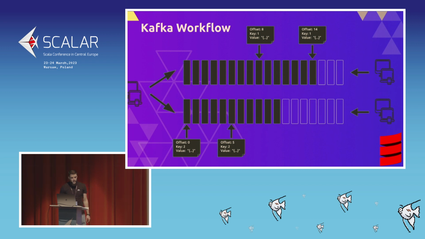Records in Kafka are kept for a limited amount of time, and that amount is configured by the parameter that is called the retention period. The default retention period in Kafka is 7 days, but you can keep data in your Kafka cluster forever if you want, even though it's not considered a good practice.